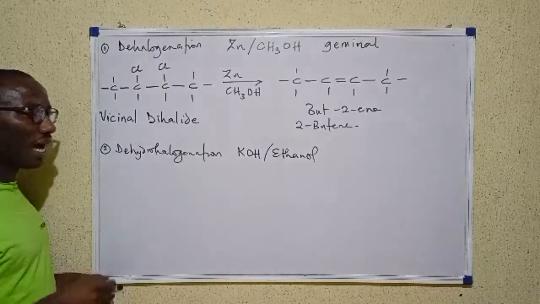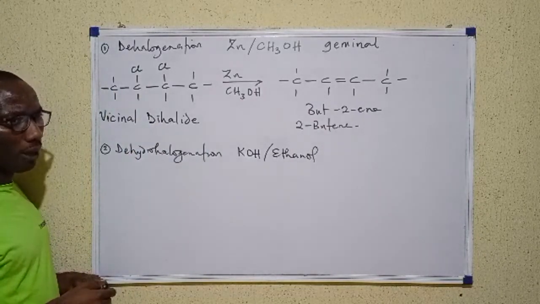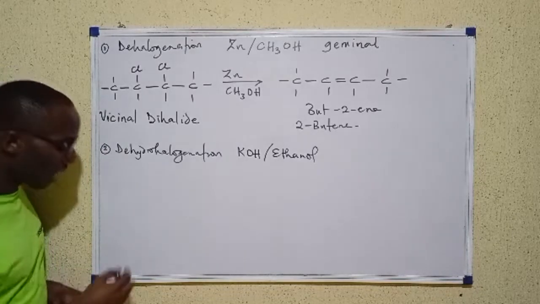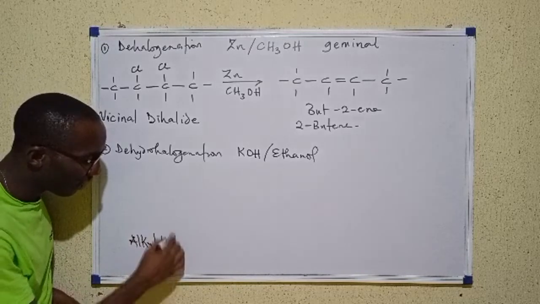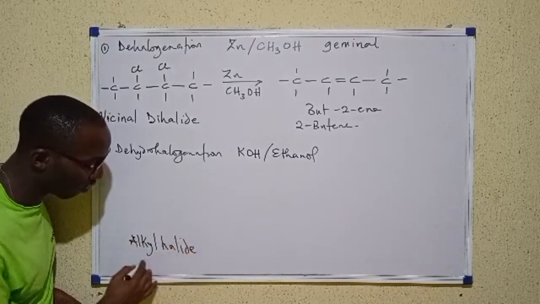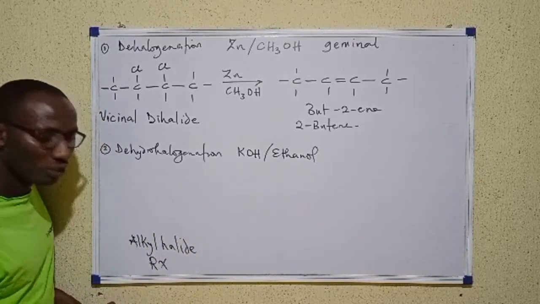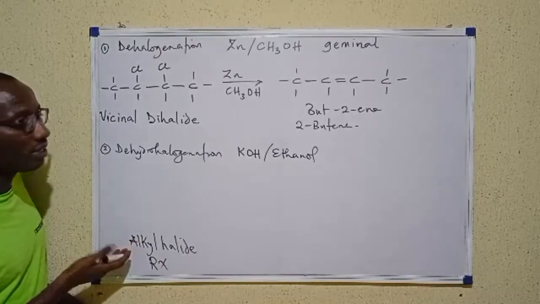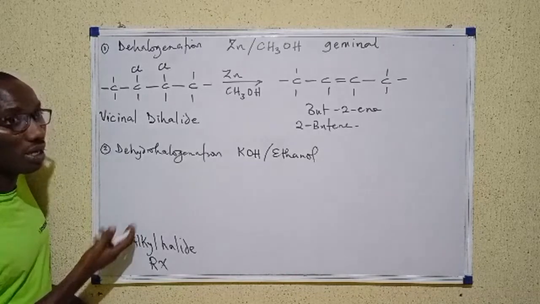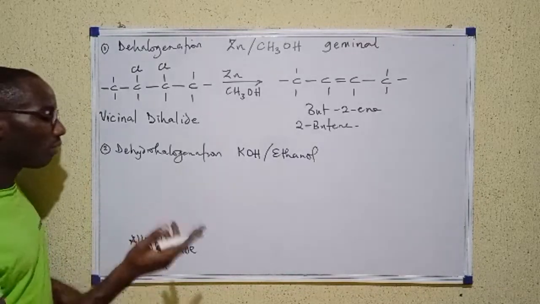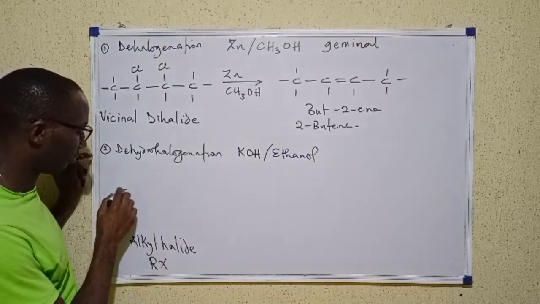What about dehydrohalogenation? In this case, what we require is just an alkyl halide. Alkyl halides are compounds of formula RX. So once I have an alkyl halide, I am able to dehydrohalogenate it, and that would give me an alkene. Now look at this alkyl halide.